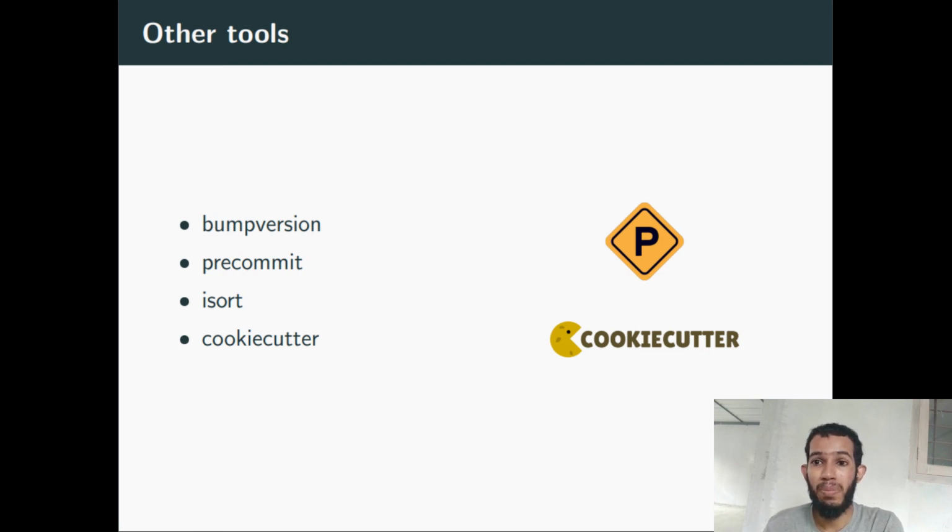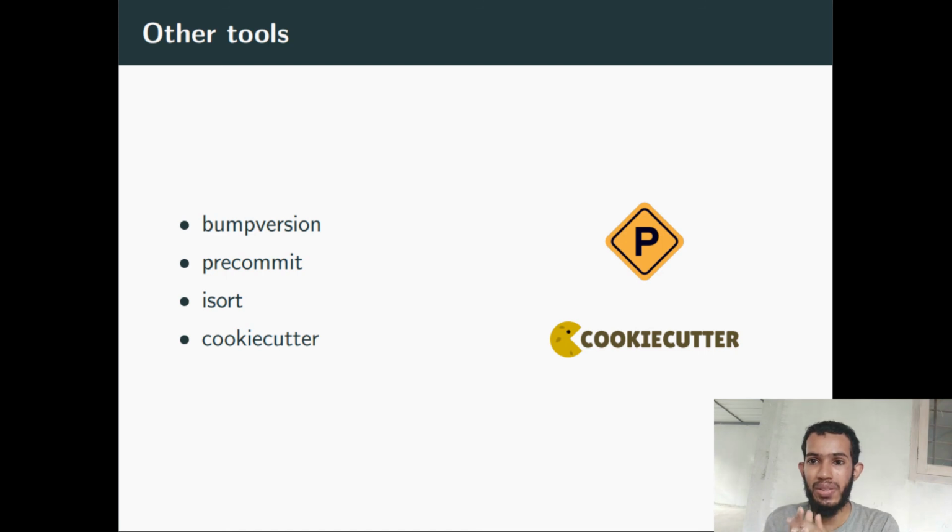Like bumpversion, which can be used to change the version number of your package. If you're using bumpversion, changing your version number is as easy as running a command. And if you're using Git, it can also be used to add tags automatically while you're changing your version. And there's pre-commit, which can be used to run commands like black or pylint every time you make a commit to your project.